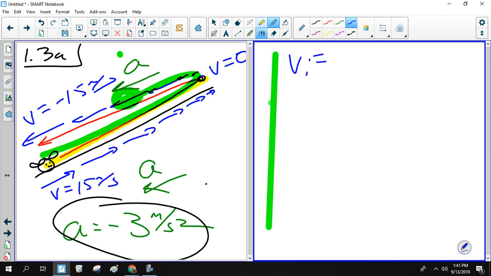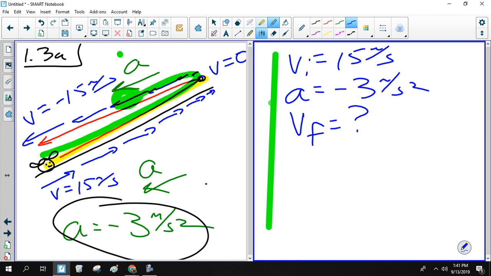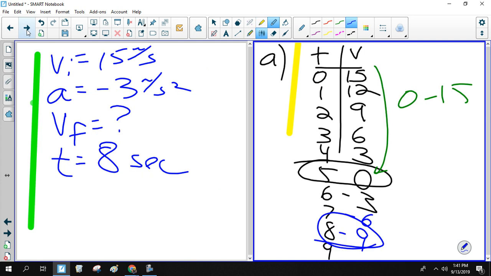Help me out, you guys. 15, right? I know that we're going to accelerate at -3 meters a second squared. The question wants to know what velocity I will reach at the end of 8 seconds, right? Cool?